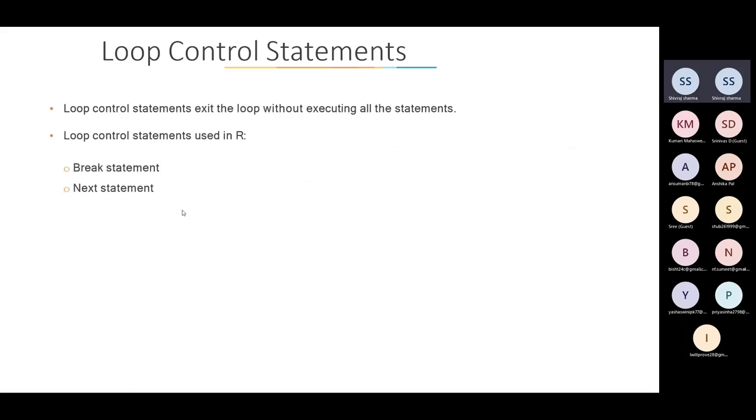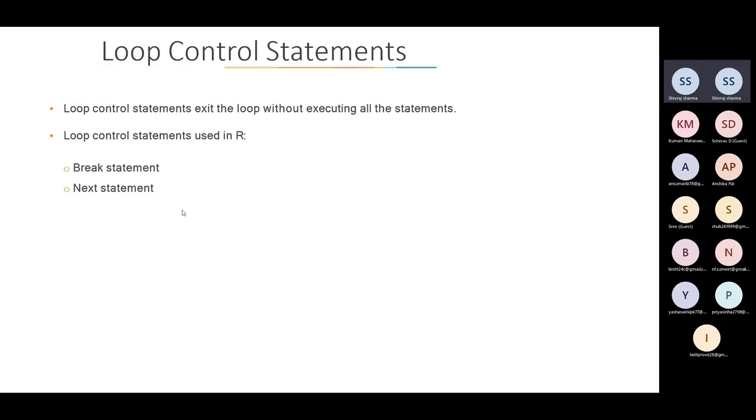Moving ahead, why do we use loops? Loop control statement. What is a loop control statement? Because a control must be there in a loop, due to the infinity process. If we do not control the loop, then the loop will run up to infinity.